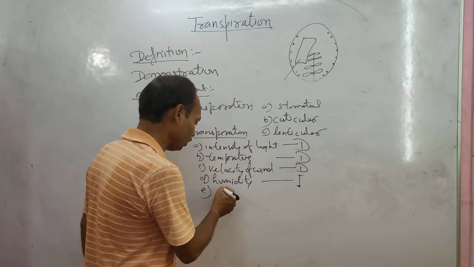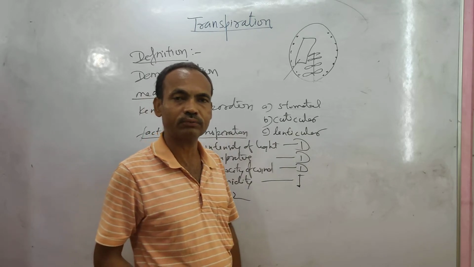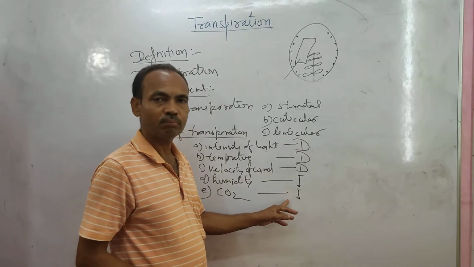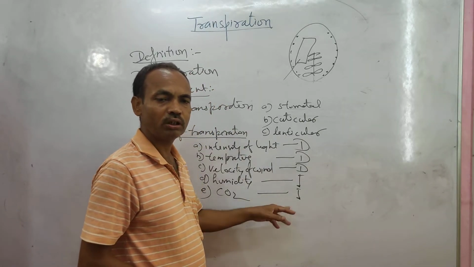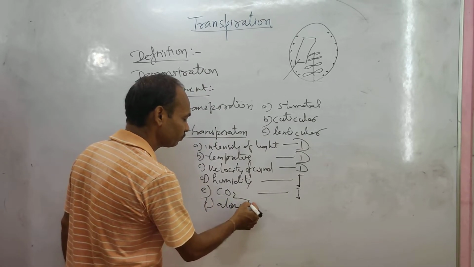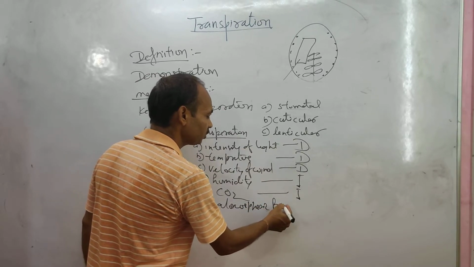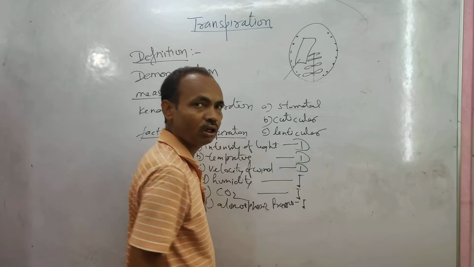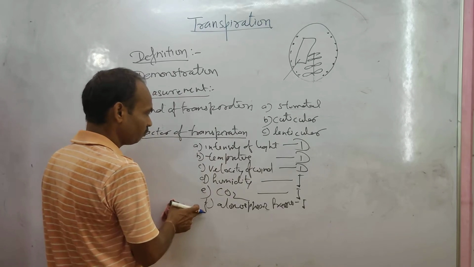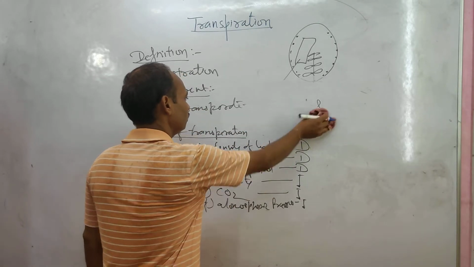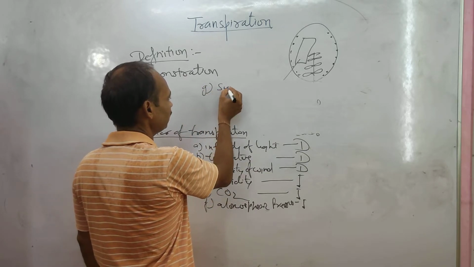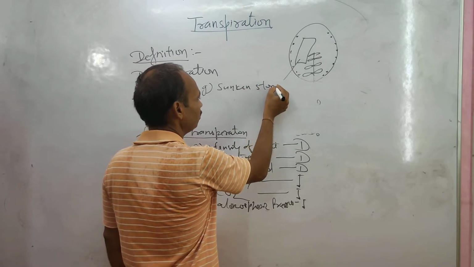Another important point is CO2, carbon dioxide. It is also inversely proportional: less CO2, more transpiration; more CO2, less transpiration. Atmospheric pressure is also inversely proportional. Other important factors are sunken stomata.